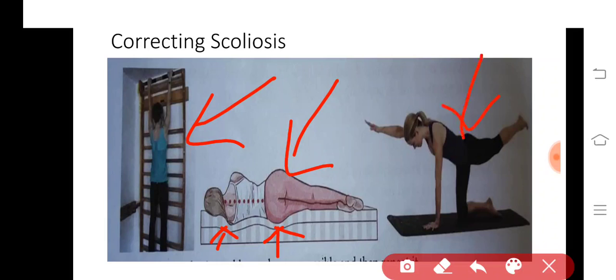The third exercise is a static chest stretch. Stand and stretch arms out to your sides with the palms of your hands facing outward. So here we can get the example of these three exercises which can help us to correct scoliosis.